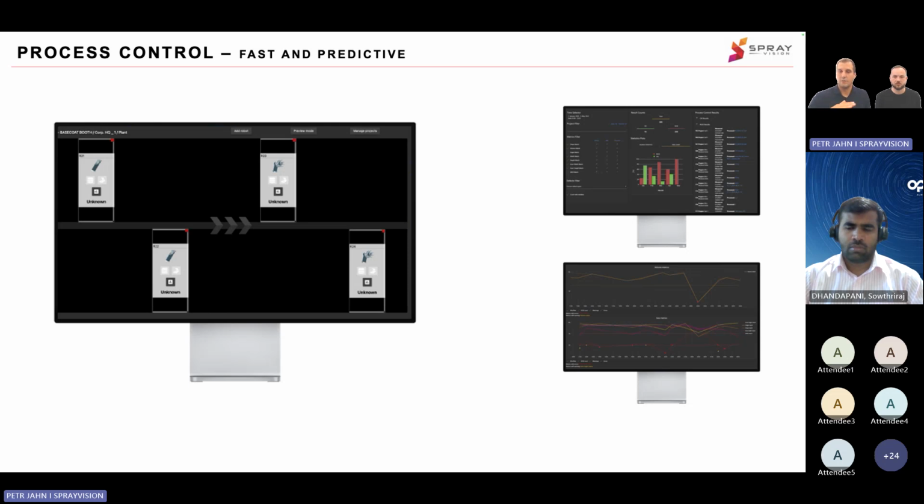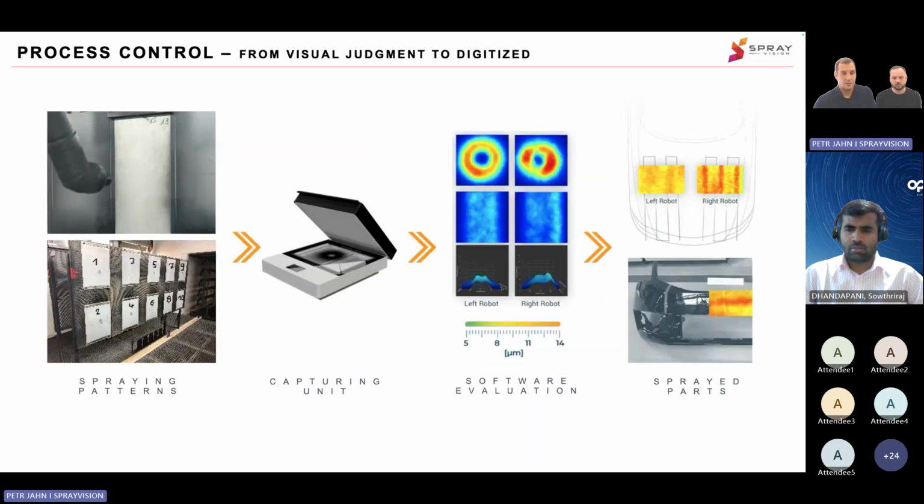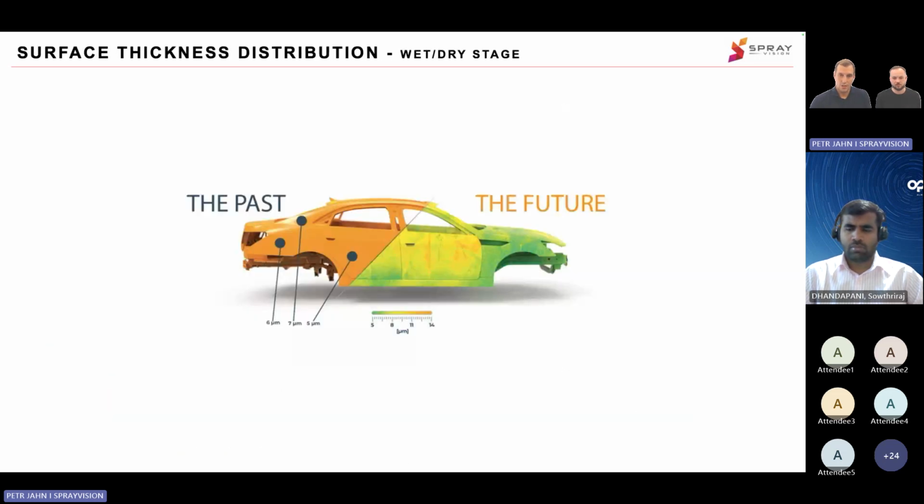So for example, when the shape is significantly changing over time, you are able to set up a bottom limit. And once it reaches your limit, you can address the change of the air cap once it's overused. So this is, let's say, the process control part, which is leading to a significant reduction of the scrap rate. And as I mentioned, Vojta will later show you some use cases.